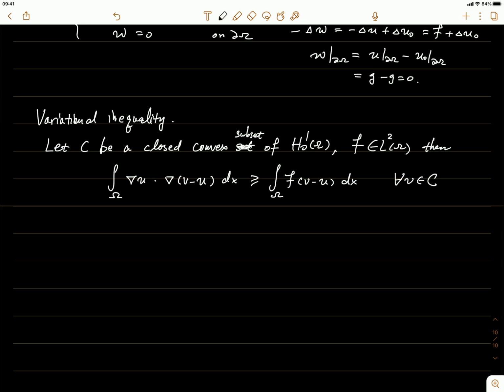What that means, apparently it's an inequality. We call it variational inequality because we're given f, and we're trying to find the function u in this space.